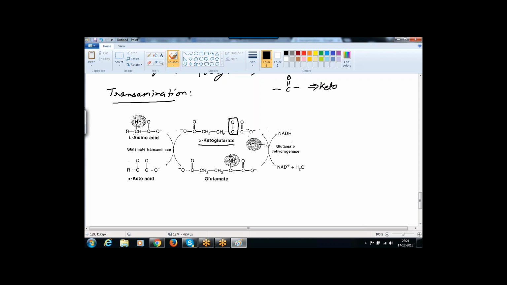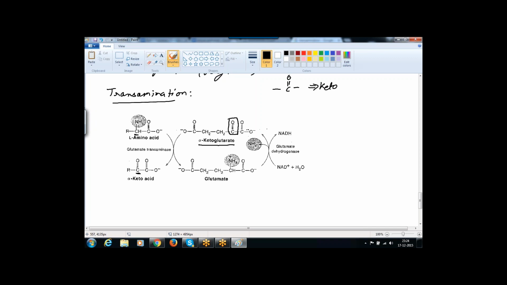This is the second carbon. It was initially having the amino group. You can see R and then the second carbon and then the acid group. It was having amino. Now the same R and the acid, but the second carbon has double bond O. It has become keto. From amino acid, it has become keto acid.